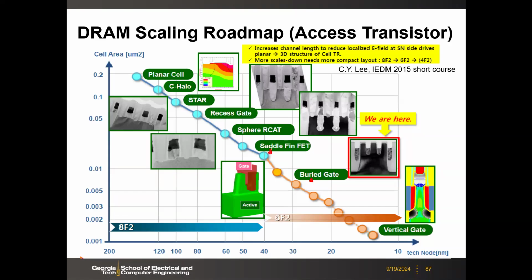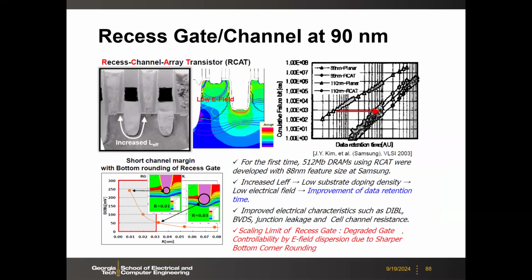So today's access transistor has those features: recessed channel, buried gate, and saddle FinFET. And we will talk about the next generation later, which will transition to vertical gates. But we will talk about that after we finish what is used today, and then we talk about what's the future.